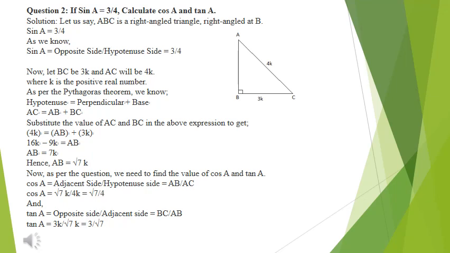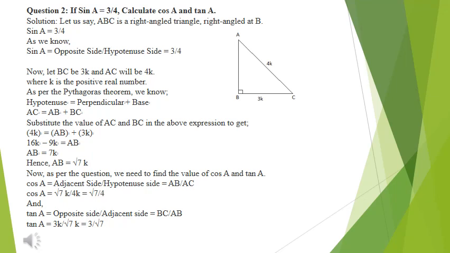Using the Pythagoras theorem, we find AB. If we apply the Pythagoras theorem, we get AB square equal to 7K square. Hence AB is equal to root 7 K.